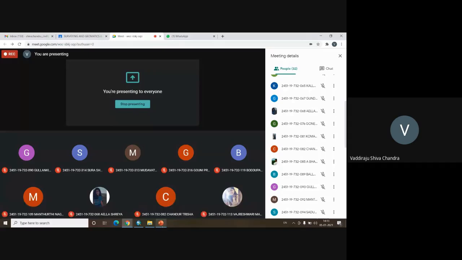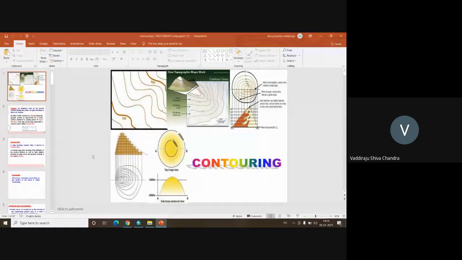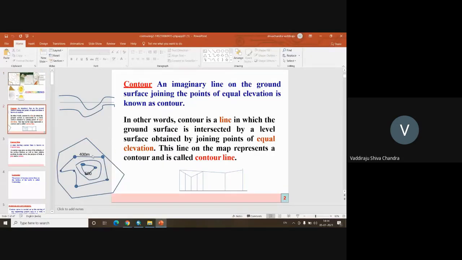A contour is nothing but an imaginary line on the ground surface joining the points of equal elevation. If you take any ground surface, there will be many undulations and the elevation changes from one point to another, but there can be many points on the ground surface whose elevation will be similar.